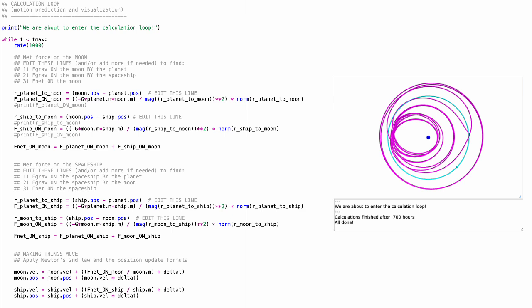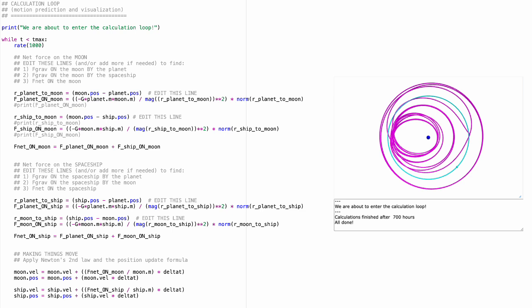But since the ship is much smaller than the planet, the ship's effect on the moon is substantially zero. We first found the distance between planet and moon using the r vector, moon minus planet. Then we calculated using universal gravitation the planet on moon, as well as the ship on moon, and adding those together will give us the Fnet on the moon itself, so determining the moon's path.